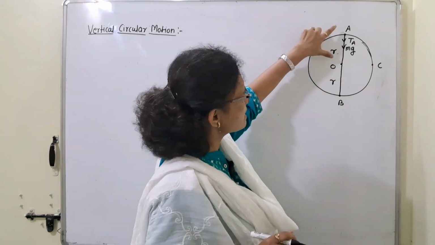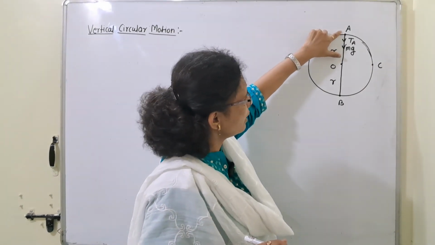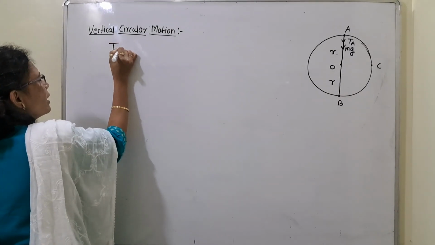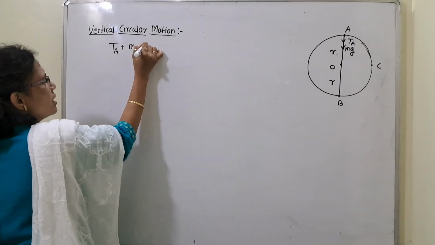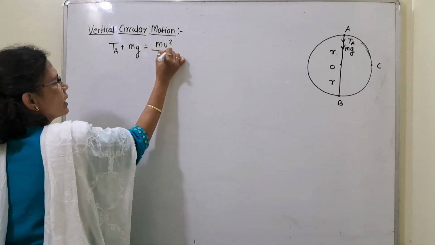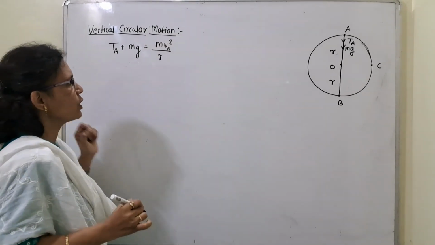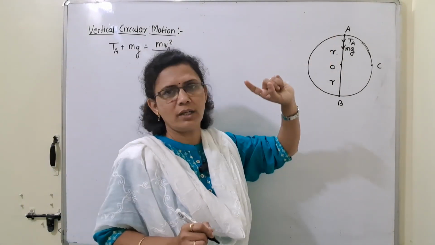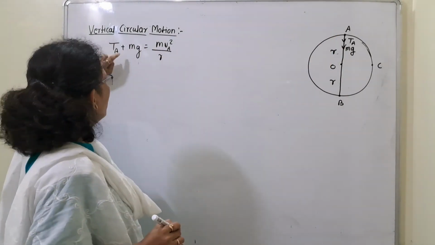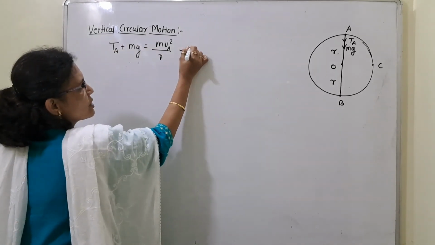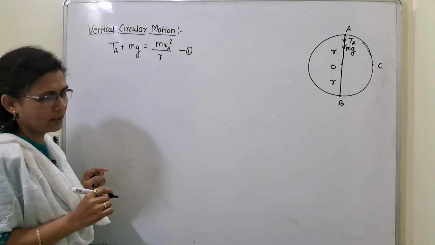So if I consider only position A, then I can write the equation: TA plus mg is equal to mv square by r. I take v as VA, the velocity of the object at position A. Therefore, TA plus mg is equal to m VA square by r. Let this be equation number 1.